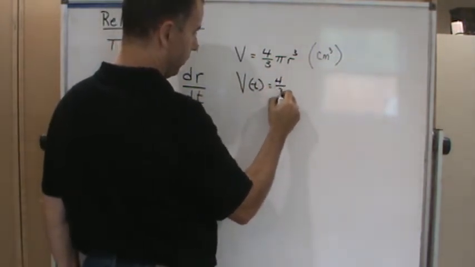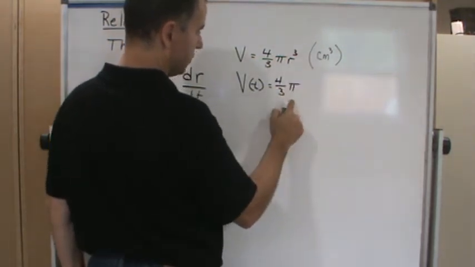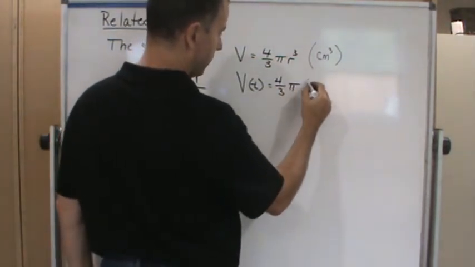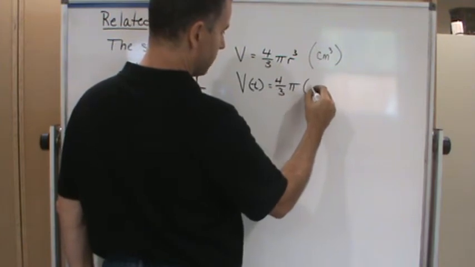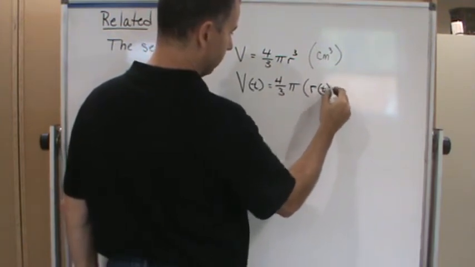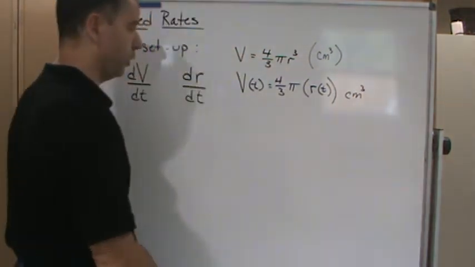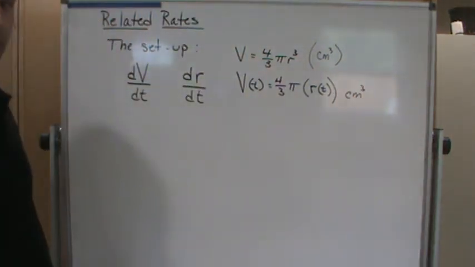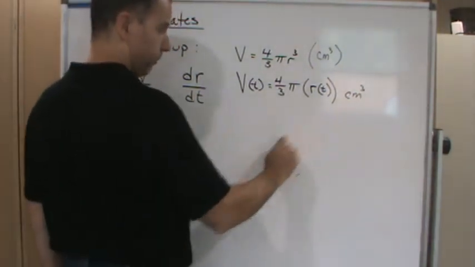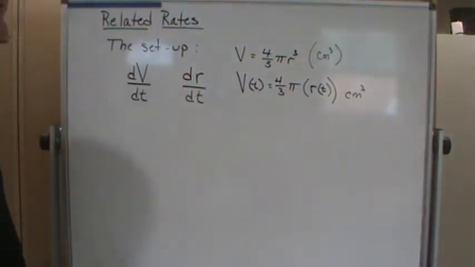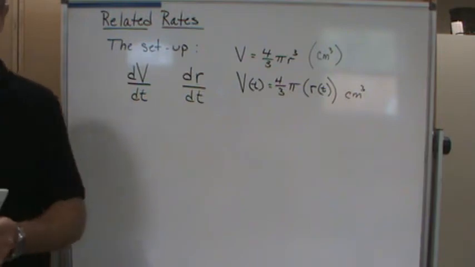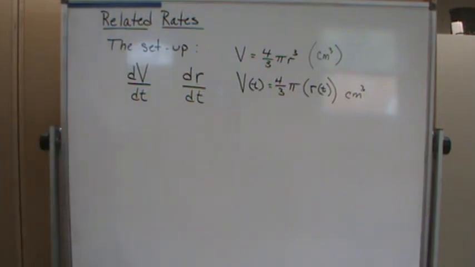So 4/3 pi, which is just a constant, times r of t cubed, and of course the units are cubic centimeters. Now we've got this written as a function: both volume and radius are functions of time.